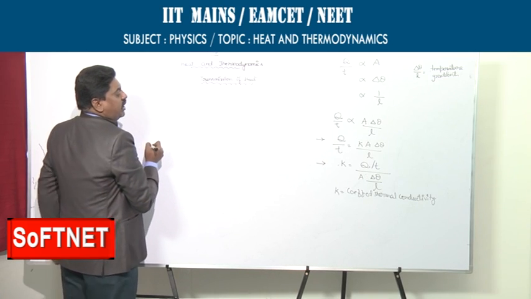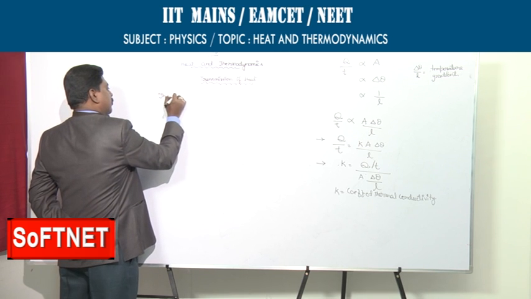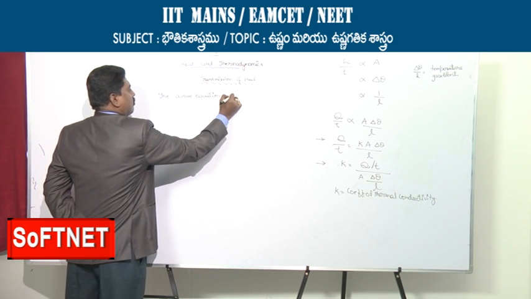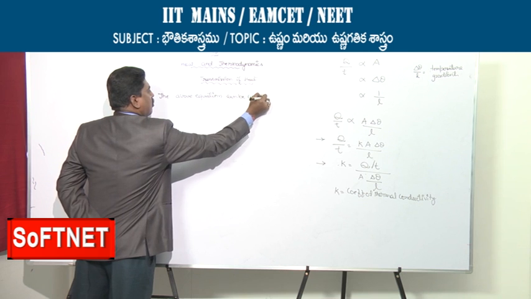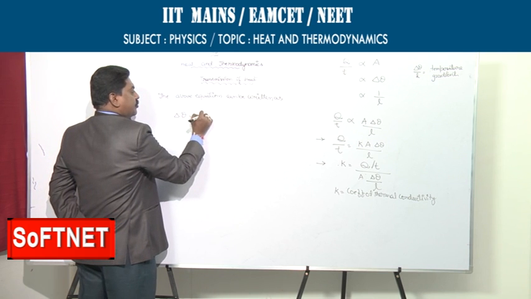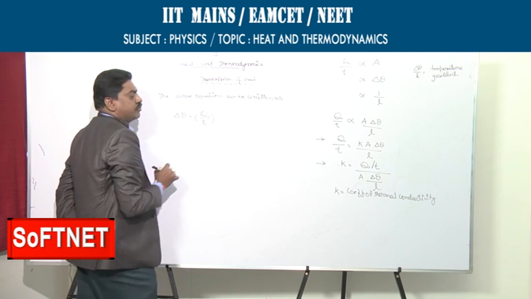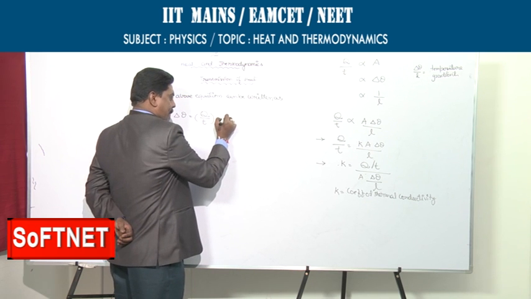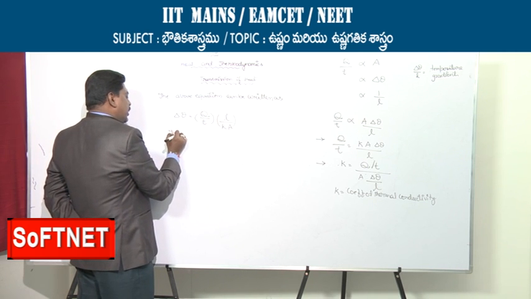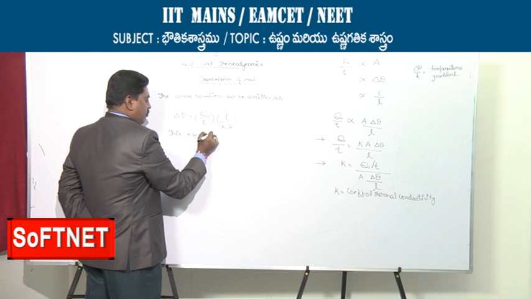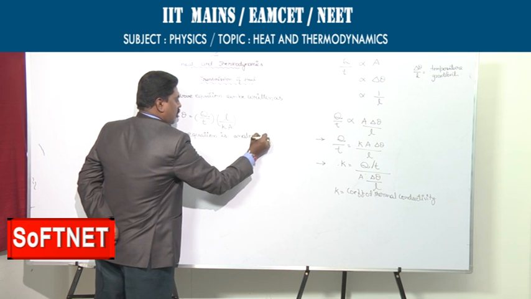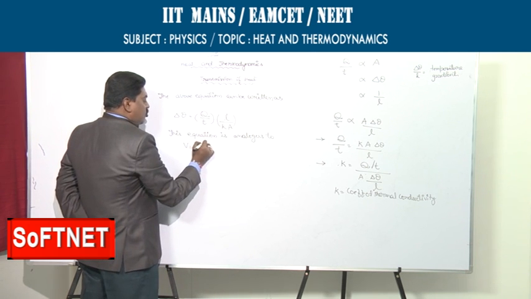The above equation can be written as delta theta equals to Q by T into L by KA. This equation is just analogous to V is equal to IR.